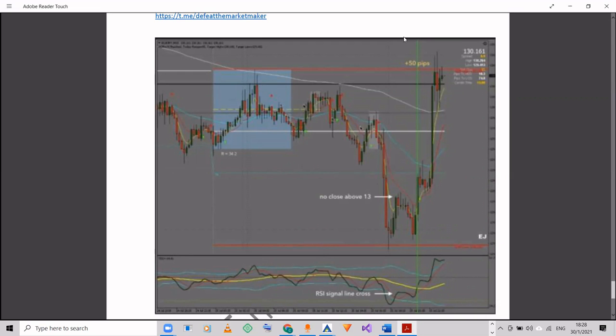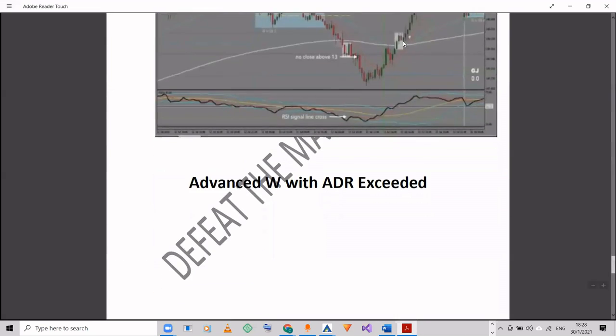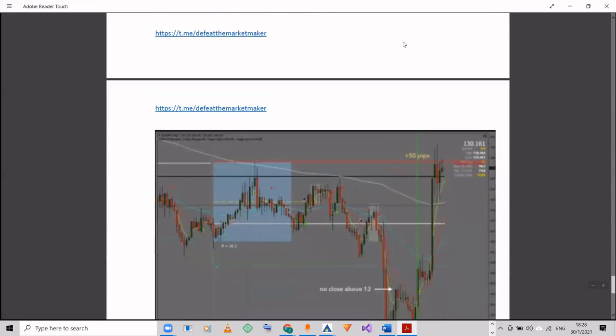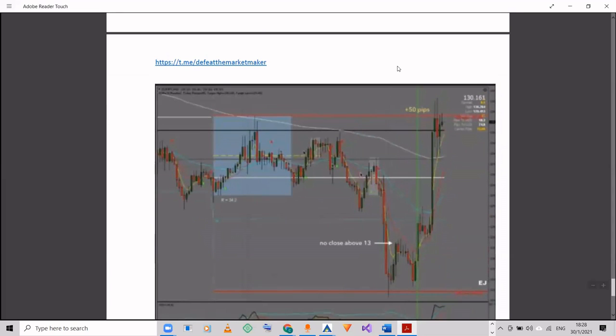So this particular trade is the advanced W with ADR, the average daily range. For those who have the same indicators as I have, you now know that once this ADR is reached or exceeded, it changes color to red from what it is initially before it changes.